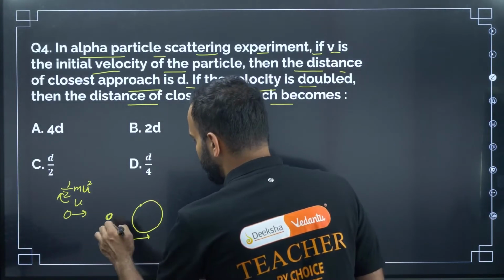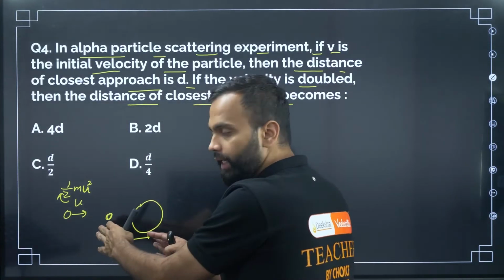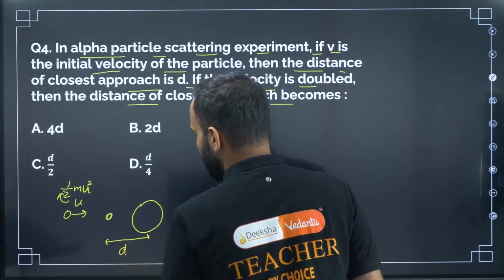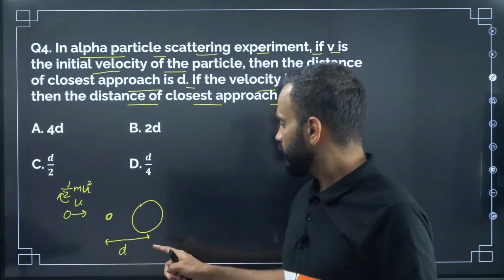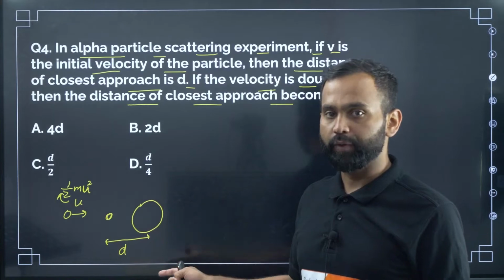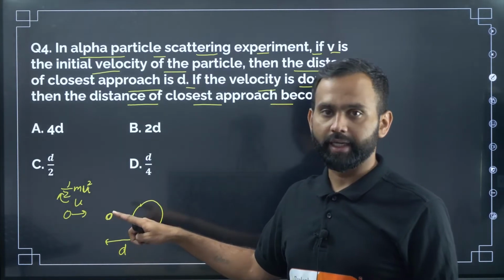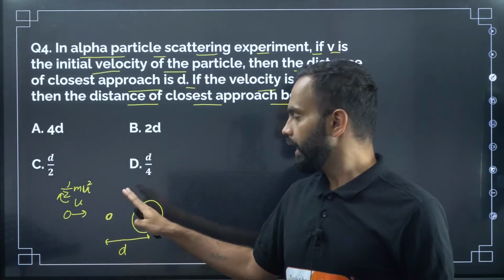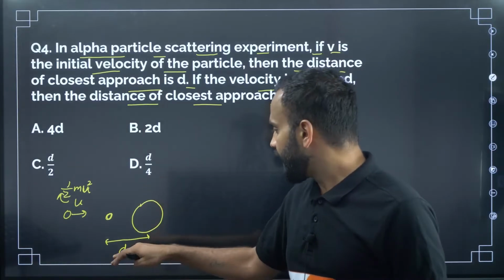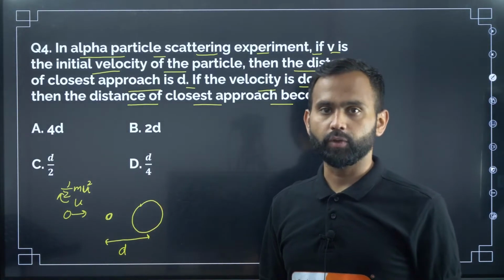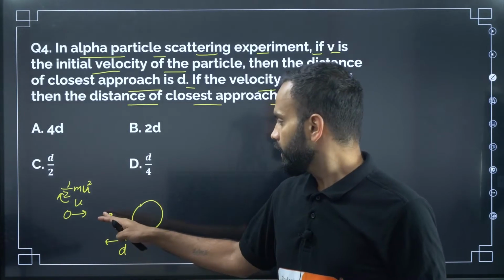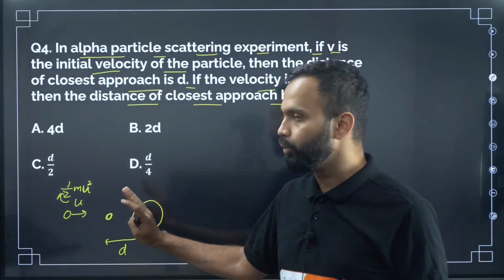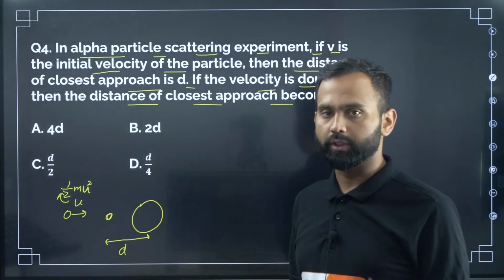So this is the distance between the nucleus and the alpha particle. The distance at which the alpha particle's kinetic energy completely converts into electrical potential energy is called the distance of closest approach.